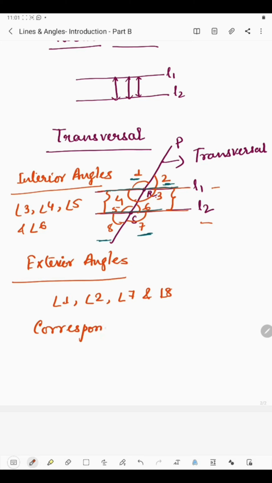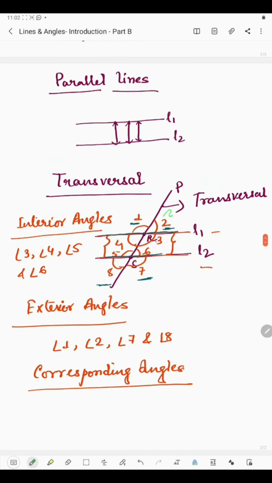Now next we have corresponding angles. What are corresponding angles? To find corresponding angles, we will see the angles which are on the same side and same position. Like if you see the right side, see this is this and this.